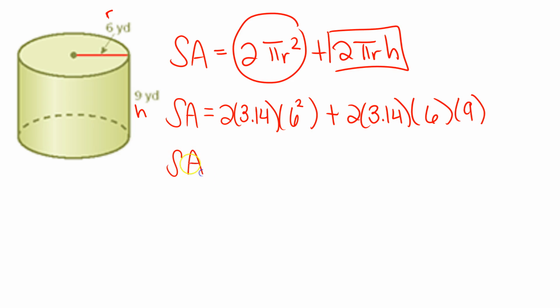Step 3, solve. Go ahead and do just this part right here in your calculator. It should have given you 226.08, plus, okay, now just this part.